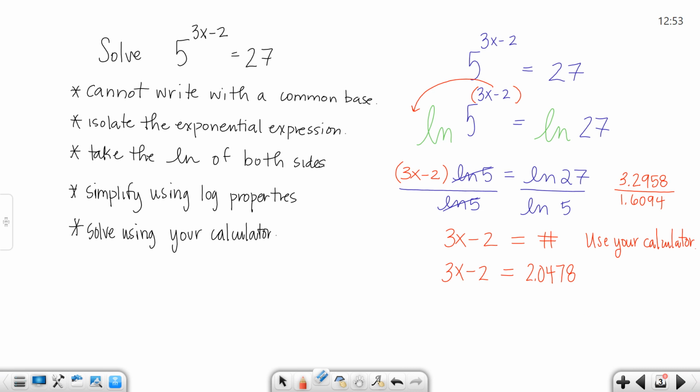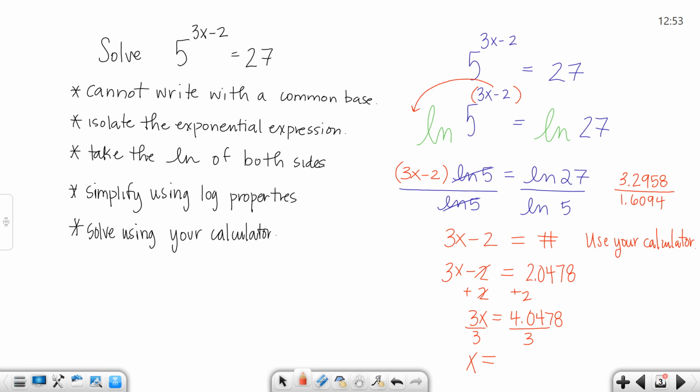Now once you get there, all you have to do is solve that baby equation. To get the x by itself, I'll add 2 to both sides. So 3x would equal 4.0478. And then you have to get rid of the 3.